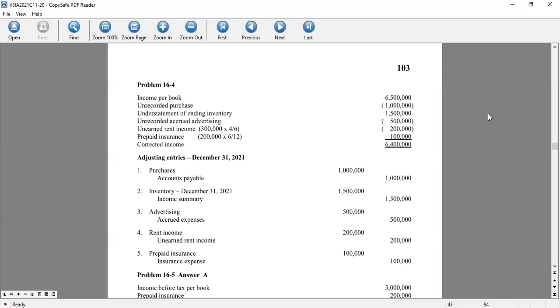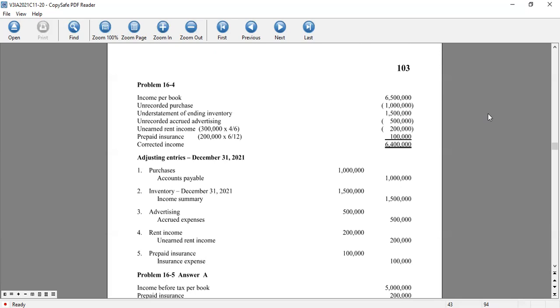The entity did not make any adjustment at the end of the year. So the expired portion is from July 1 to December 31, the 6 months. The unexpired portion is also 6 months. So the corrected net income of 6.4 million.